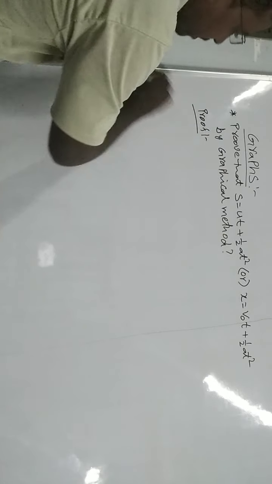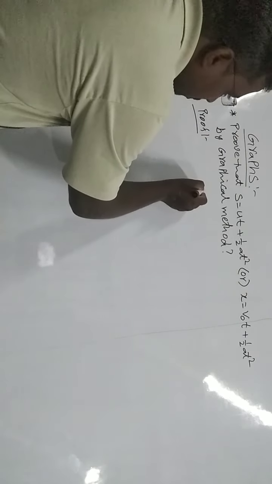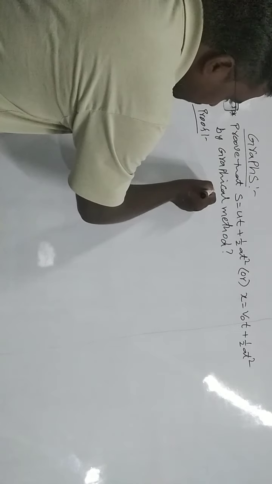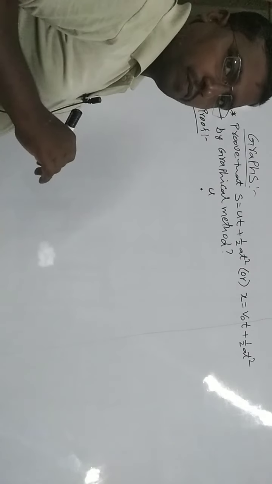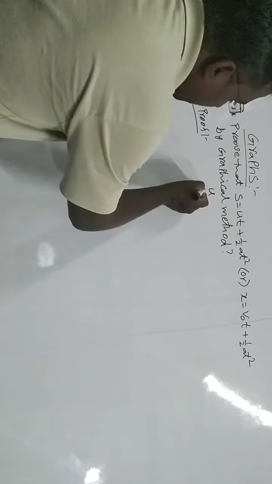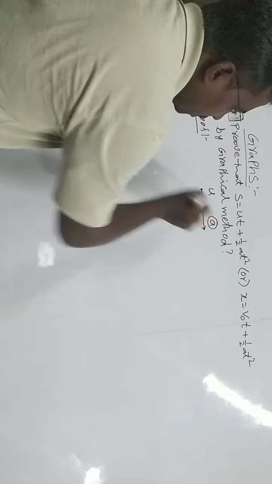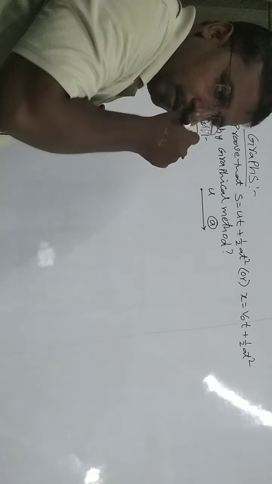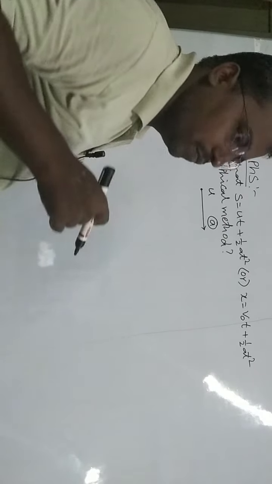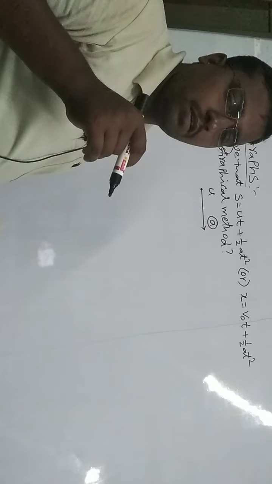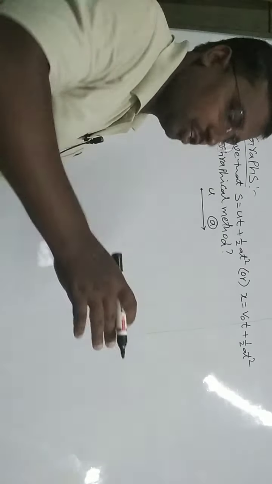First of all, we consider an object initially moving with velocity u, and it's moving with uniform acceleration a. Why? Because equations of motion can be applied only when the object moves with uniform acceleration.